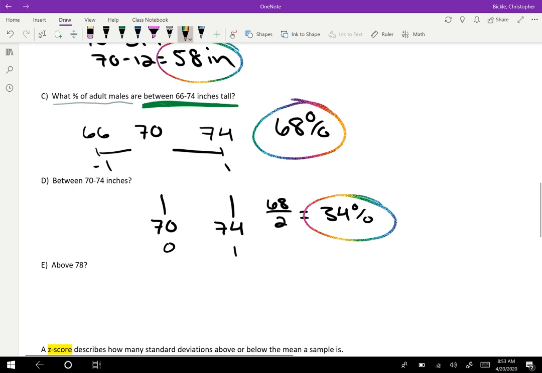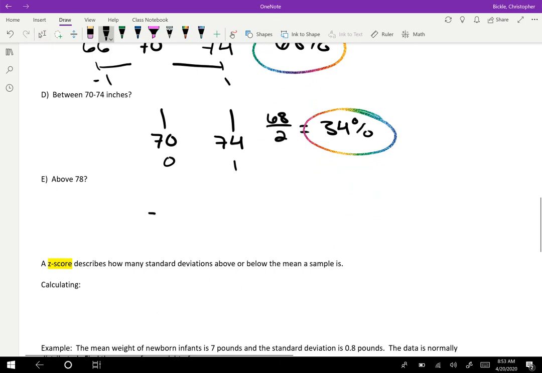Is it above 78? So again, let's look at where we're at, okay? I know my mean is 70. I know my standard deviation is 4, so I got 74, I got 78, I got 82. We can go down this way even though we don't need to. So I know, again, this part is 68%.